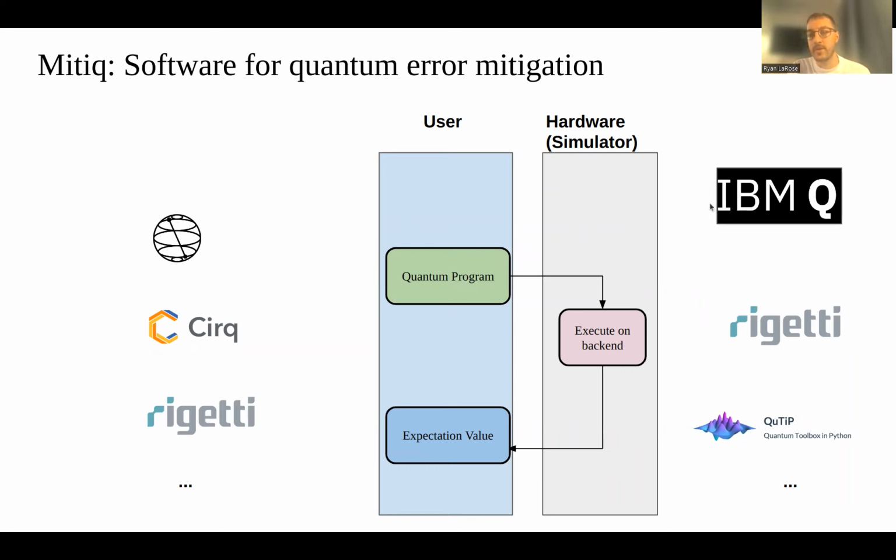This could be something in IBM's cloud, or a simulated noisy device like you can do in Cirq or whatever. You have a program, you want to run it on what we call a backend, either hardware or simulator, and then you get out an expectation value. Not always an expectation value, but I'll assume that because this is what most error mitigation techniques assume. It doesn't have to be all of them though.